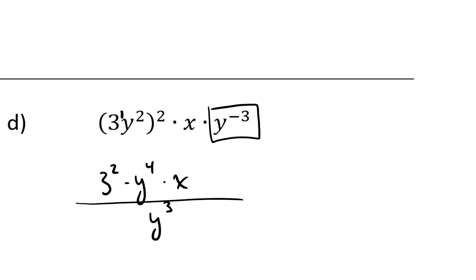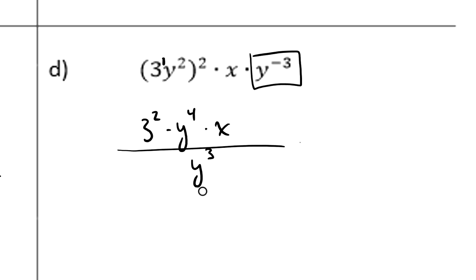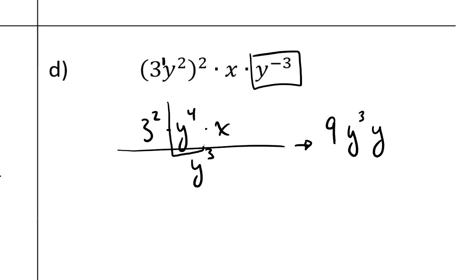You can see there is a giant 1 here. I can clean it up to make that a little more obvious, but 3 squared is 9, and I can rewrite this as y to the 3rd times y. So y to the 4th power is clearly the same thing as y to the 3rd times y.